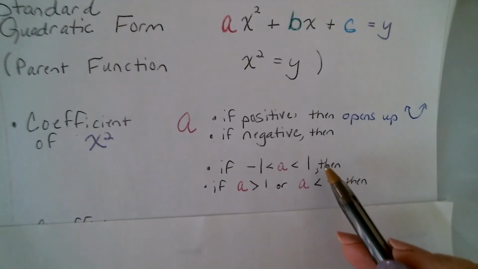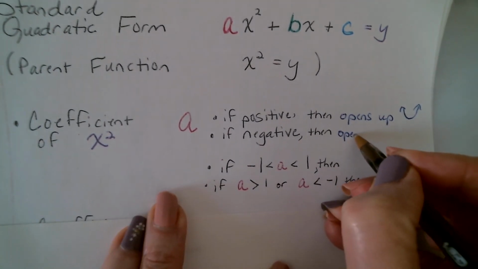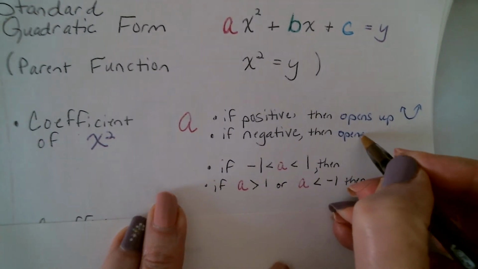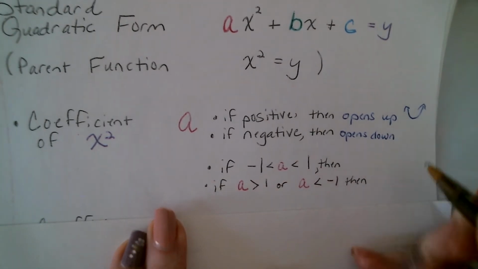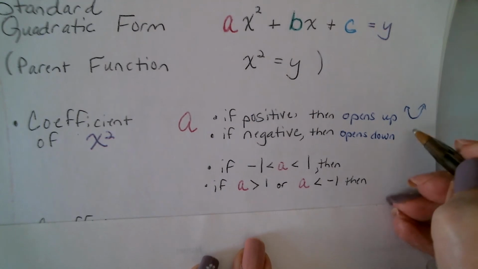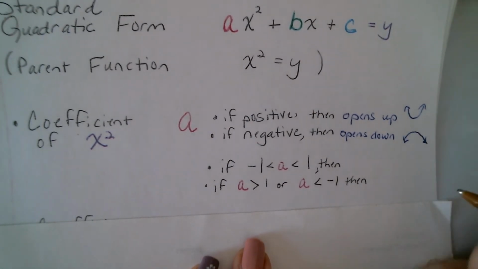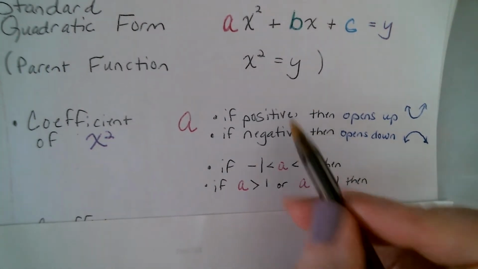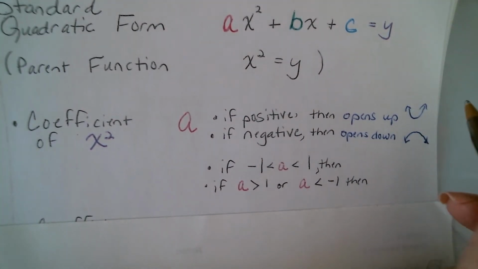So obviously if it's negative, it's going to open down. We sometimes will say upward and downward, but obviously I didn't leave myself room for that. So down is the frown. Okay, so we're looking for positive or negative to tell us the direction of the parabola.